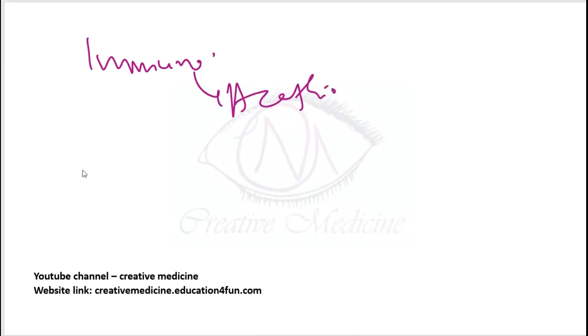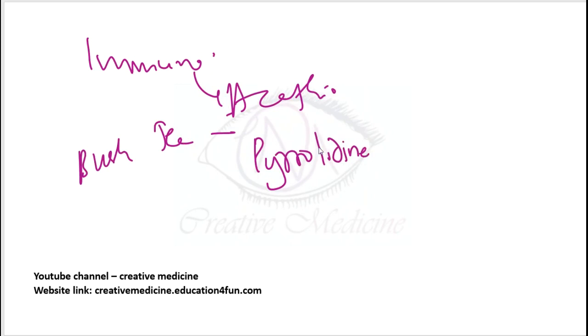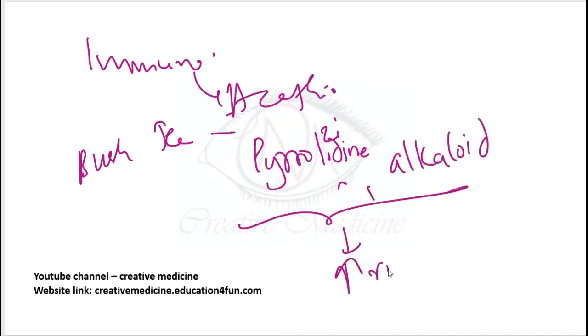Then consumption of bush teas, which contain pyrrolizidine alkaloids. This pyrrolizidine alkaloid is the one which increases the risk of veno-occlusive disease.